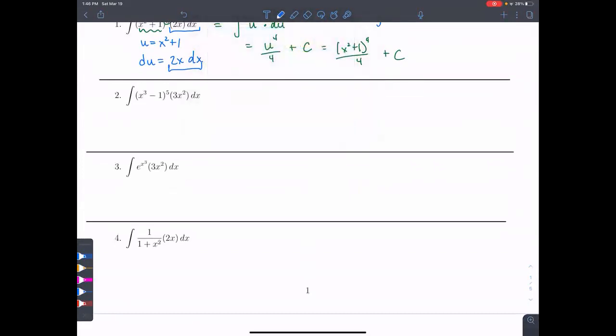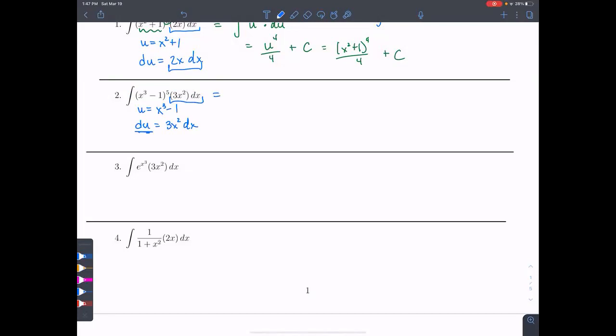Okay, so we have the integral of (x cubed minus 1) to the 5th, times 3x squared dx. So this is our big function, and the inside function, which we want to make sure the derivative is there. So the inside function is u, that is x cubed minus 1. Its derivative is sitting there. That's 3x squared dx. We're going to replace this with du.